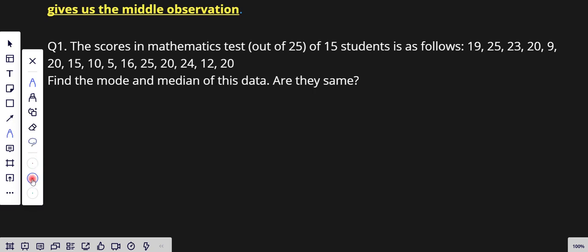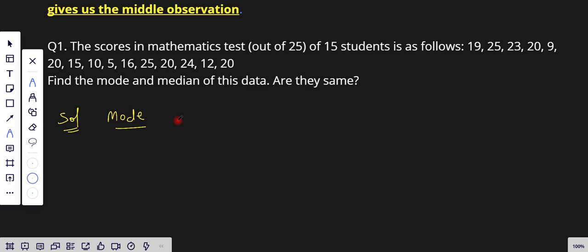I'll take a different color for this. First I need to calculate mode. For mode I'll check the observation which is appearing very often.